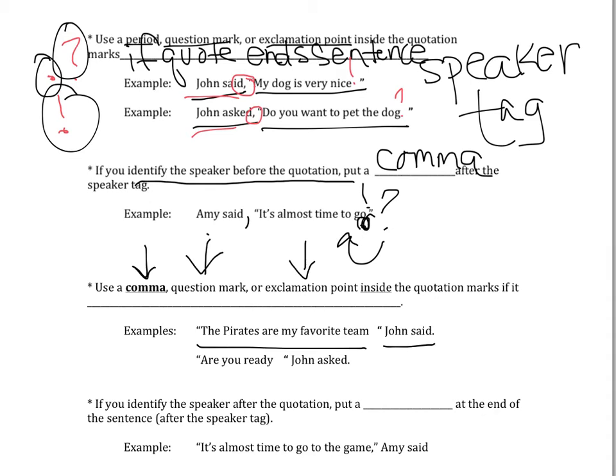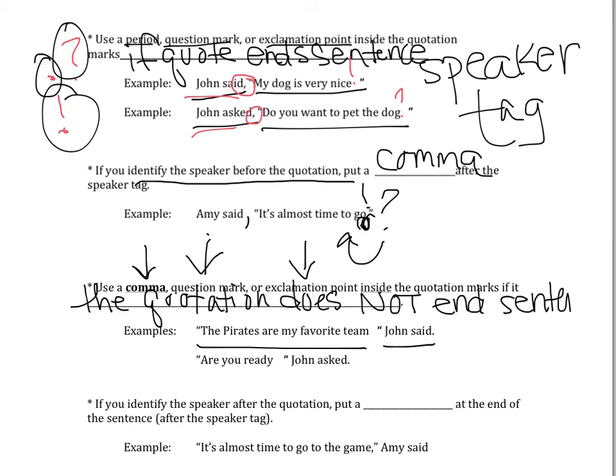So to fill this in, use a comma, question mark, or exclamation point inside the quotation marks if the quotation does not end the sentence. It begins the sentence instead.